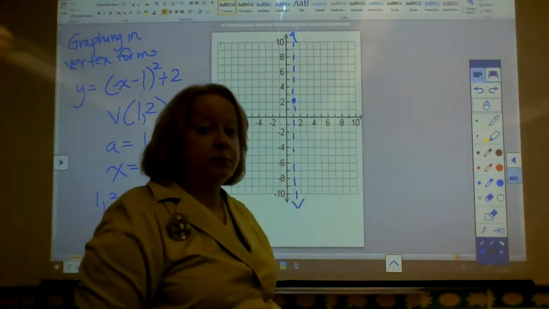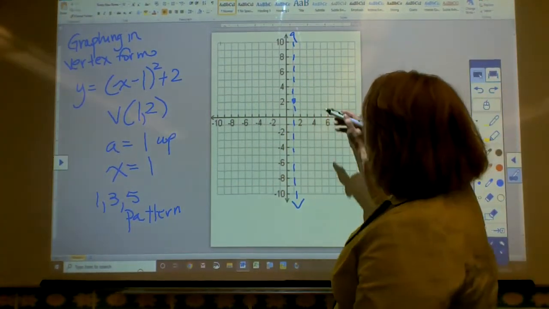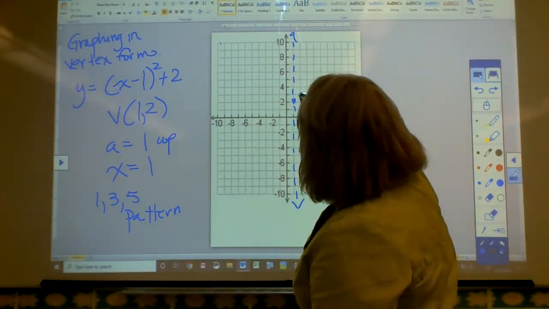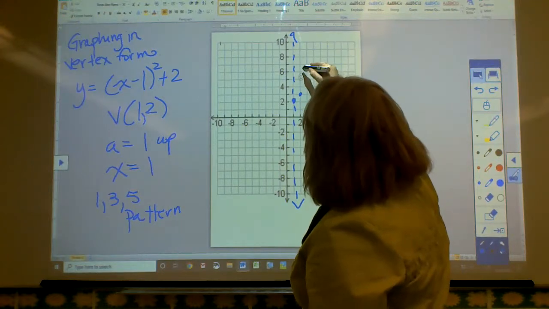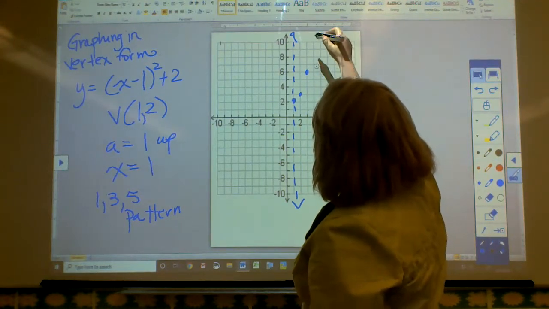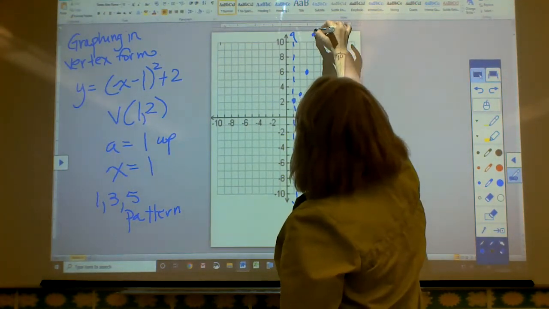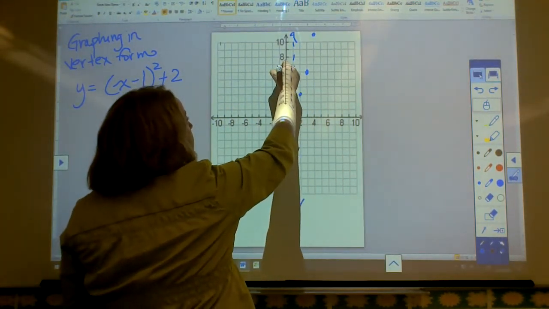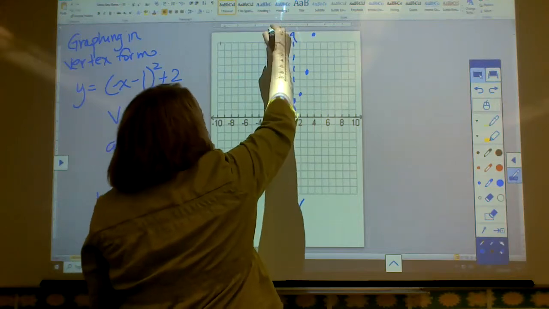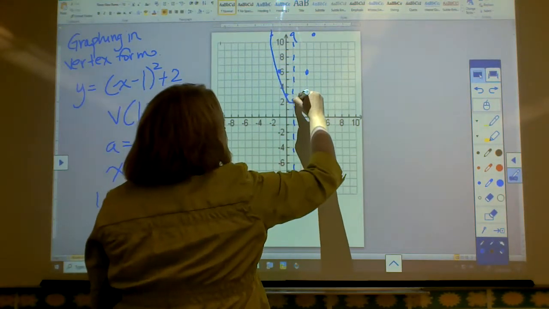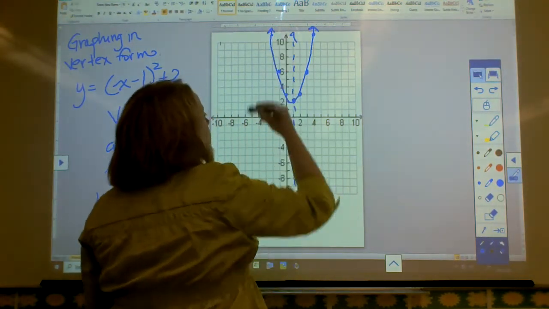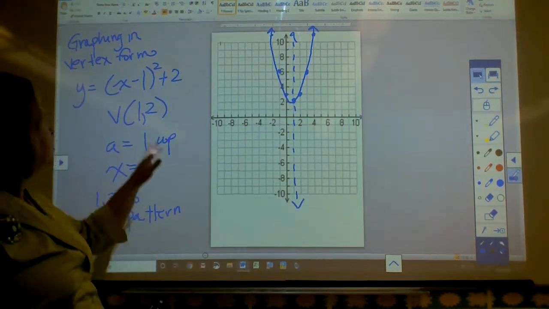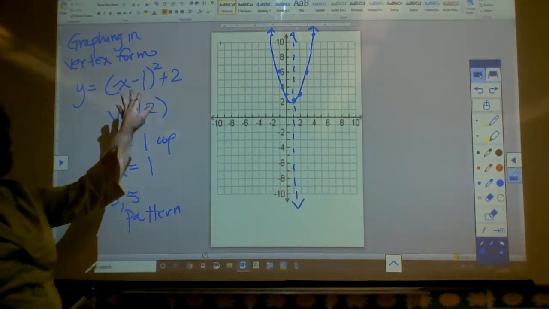So to get the rest of the points on the graph, all I have to do is just go up 1 to the right 1, up 3 to the right 1, and then if I had enough room, up 5 and over 1. And then you just use symmetry to get the other points on the graph. And here's a nice sketch of this quadratic equation.